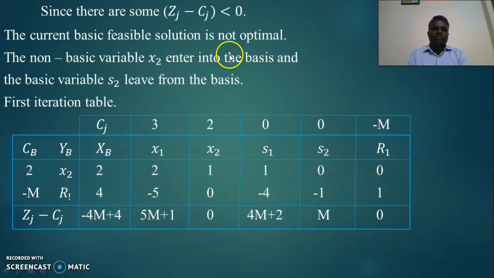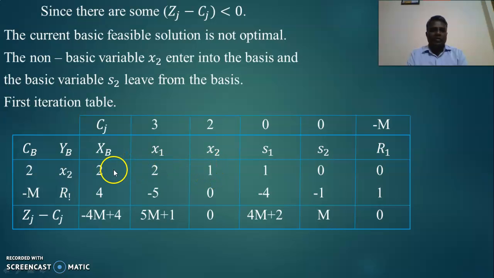Since there are some Zj minus Cj less than 0, the current basic feasible solution is not optimal. The non-basic variable x2 enters the basis, and the basic variable S1 leaves the basis. First iteration table. Again, 1 is the leading element, which is already 1.